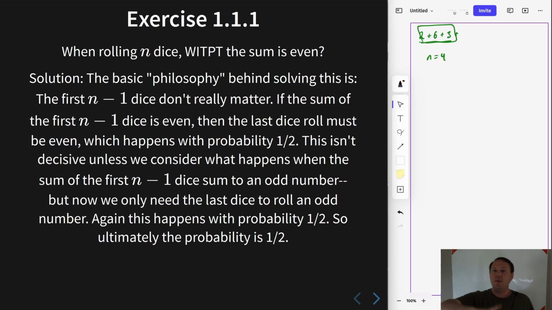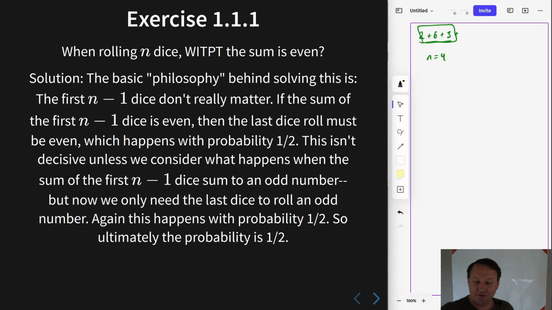So anyway, no matter what the first n-1 rolls come out to be, summing up to that point is irrelevant because you're still going to have a 50-50 chance that the next roll is going to make the overall sum even. And so the probability in this situation is 1/2.